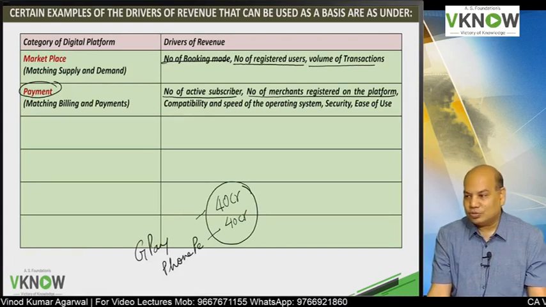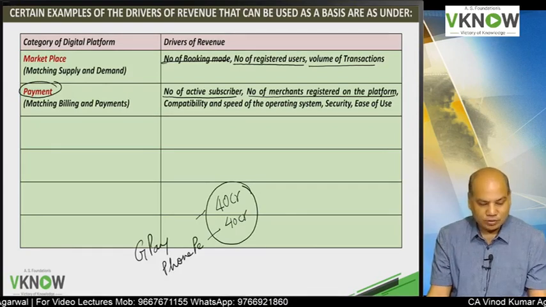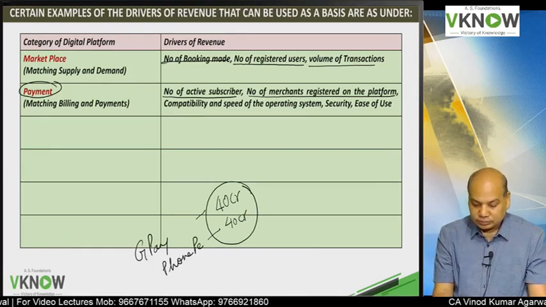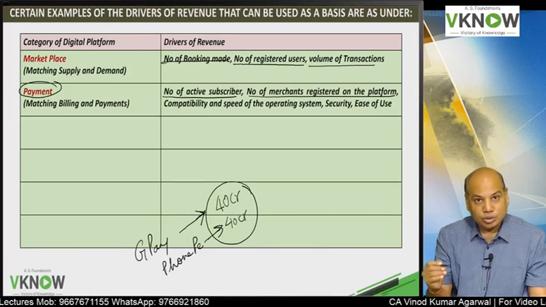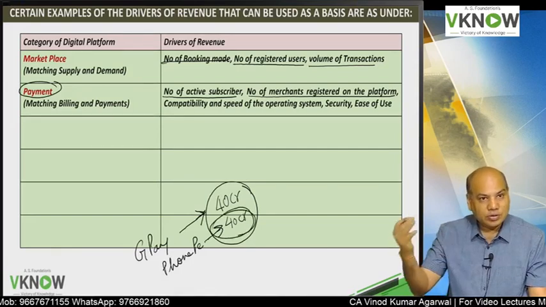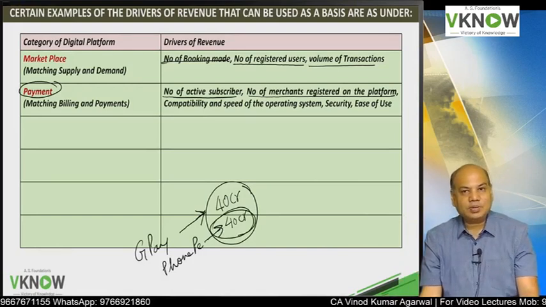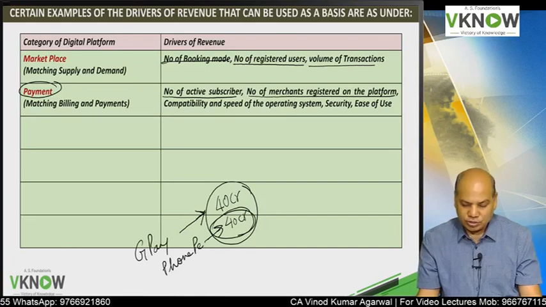Each of you probably has Google Pay, PhonePe, or Paytm on your mobile phone, right? Because of this huge number of registered customers, they are getting huge valuation. Like PhonePe, the valuation is almost $10 billion now because of the huge number of registered users.